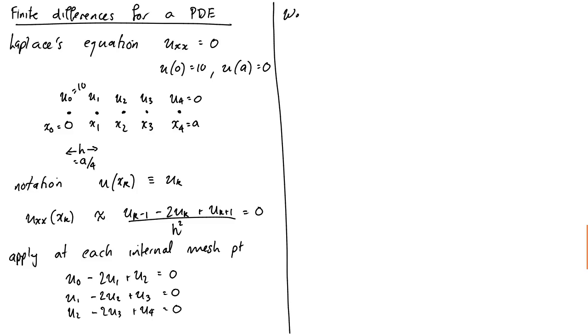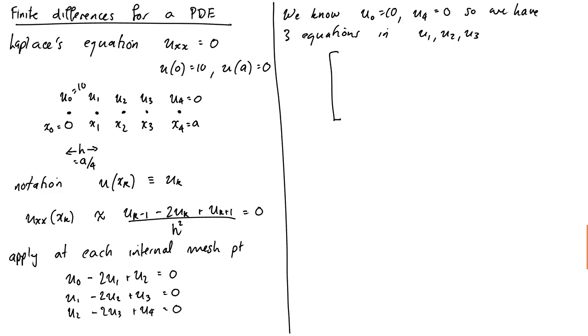Okay, so we know u0 equals 10 and u4 equals 0. So we have three equations in u1, u2, and u3. What do they look like?